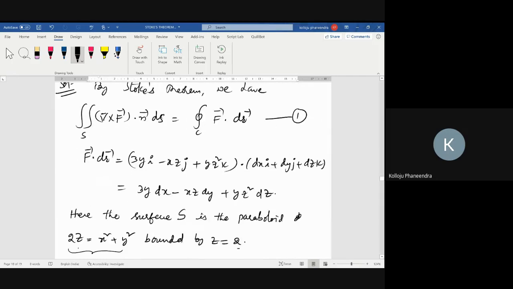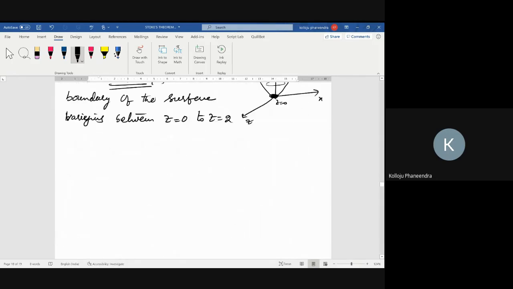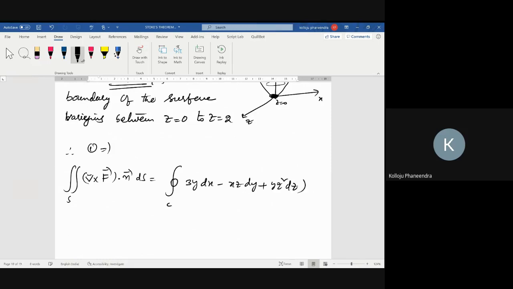Therefore, equation 1 implies the double integral over S of del cross F bar dot n bar dS is equal to the circulation over C of 3y dx minus xz dy plus yz square dz, where C is x square plus y square equal to 4, and z equal to 0 to z equal to 2.